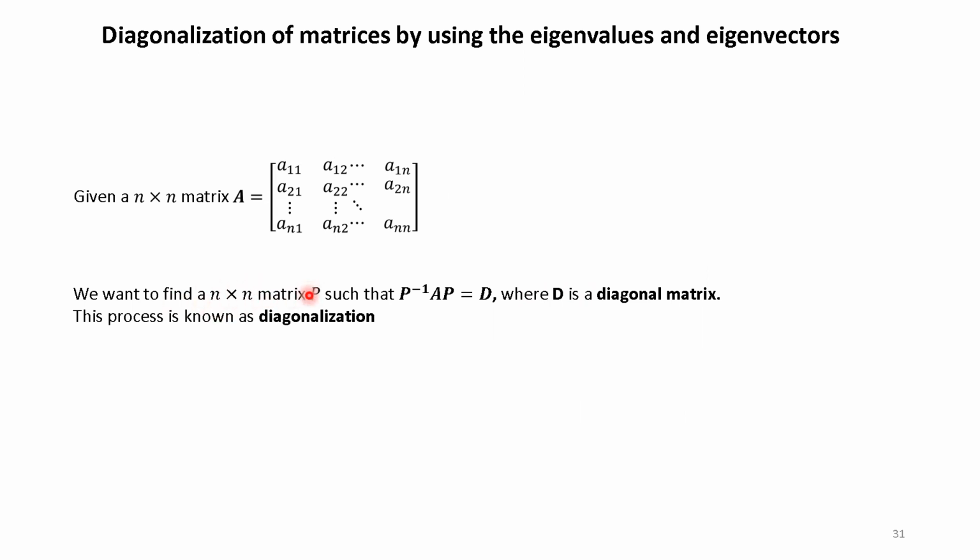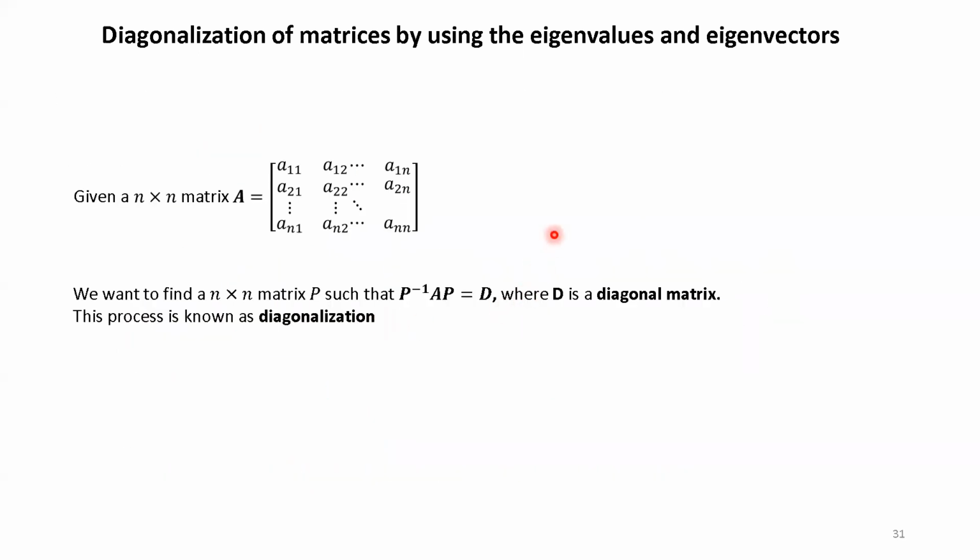The other matrix I call P, such that this product, P inverse AP, equals a diagonal matrix B. A diagonal matrix means that only the diagonal elements in the matrix are non-zero, and all the other elements are zero. This process is known as diagonalization.